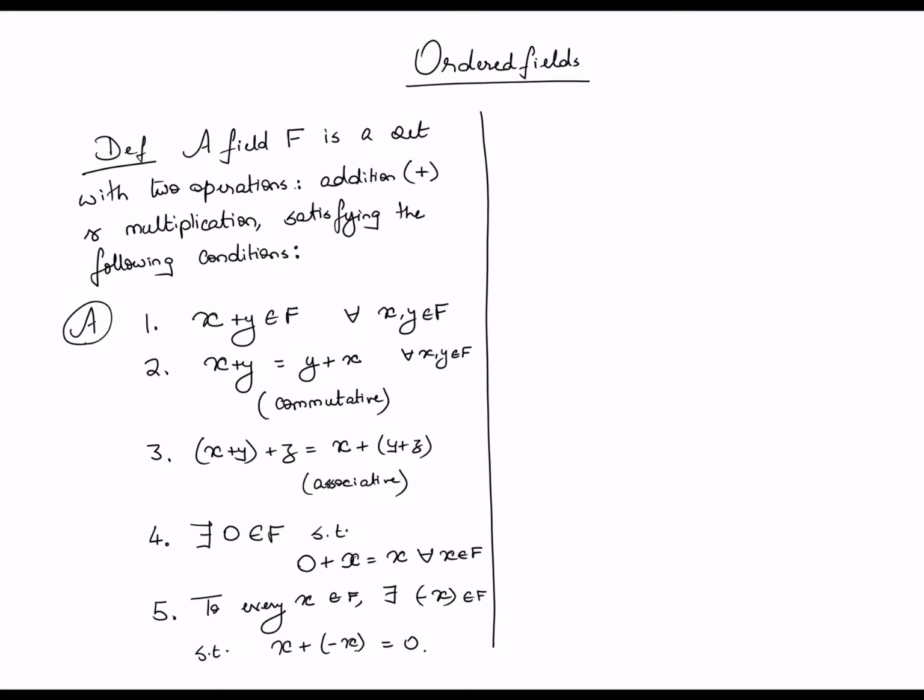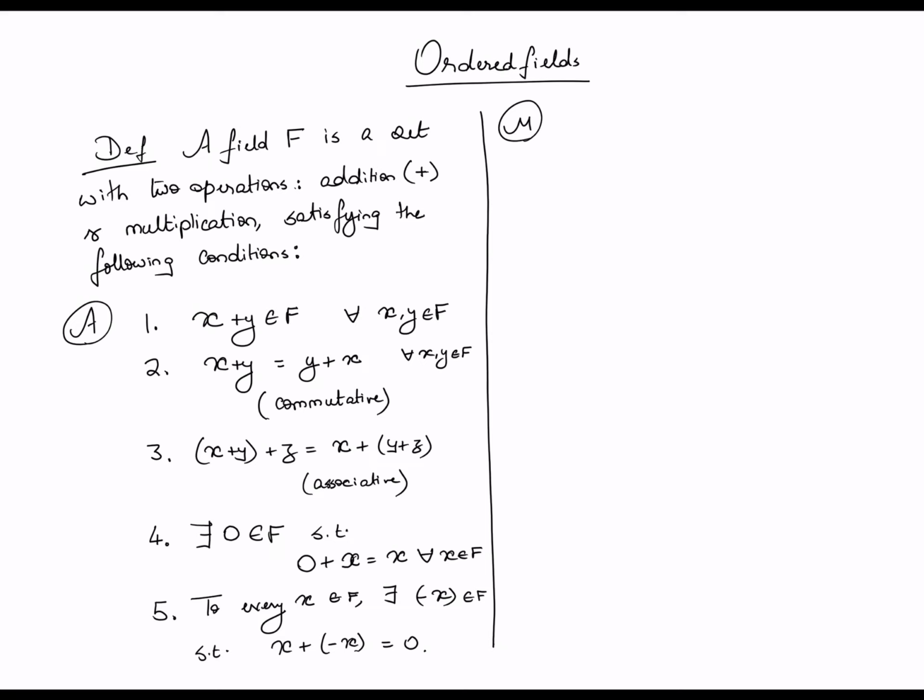There must exist a special element called the additive identity or 0, such that adding 0 to any element would get back the same element. And finally, for every element x in the field, there should exist an element minus x. Minus x is just notation, right? That other element, I'm just denoting it by minus x, which satisfies the property that x plus minus x is equal to 0. Okay, so these are the properties that addition is supposed to satisfy.